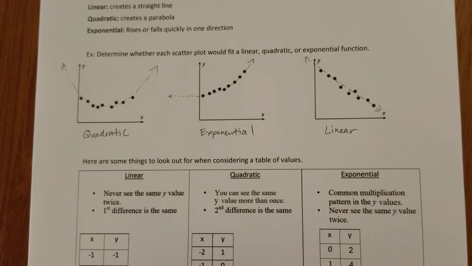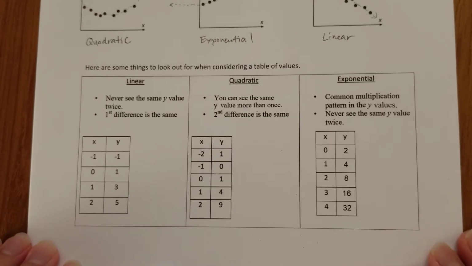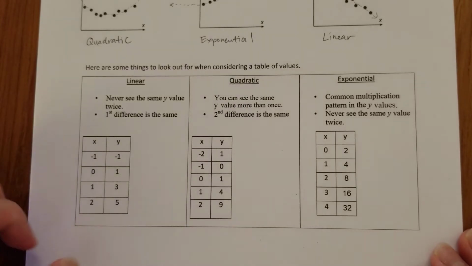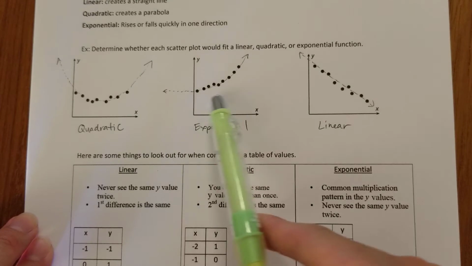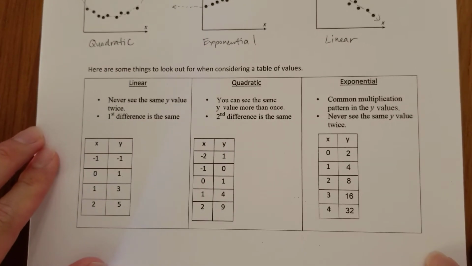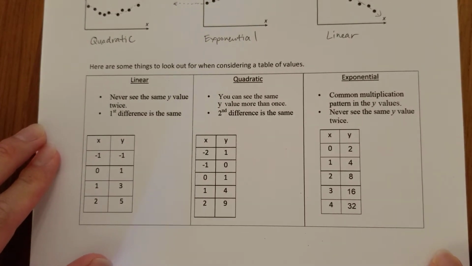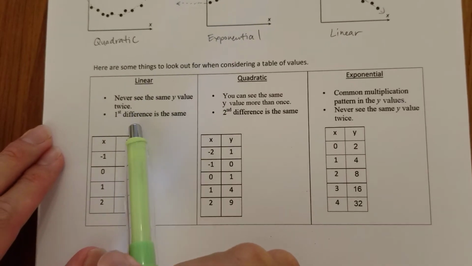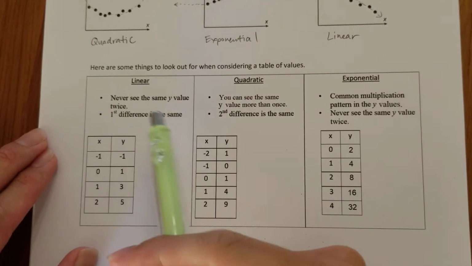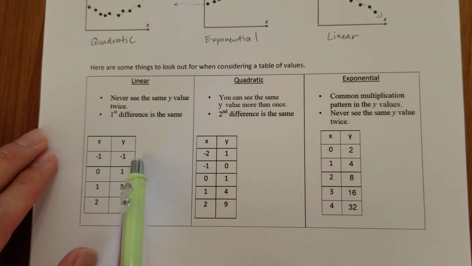Next part I want to go over is what if you had a table? What if instead of giving you points like this, you had a table instead? For a linear function, you might have learned this in Algebra 1: you never see the same y value twice, and the first difference is the same.